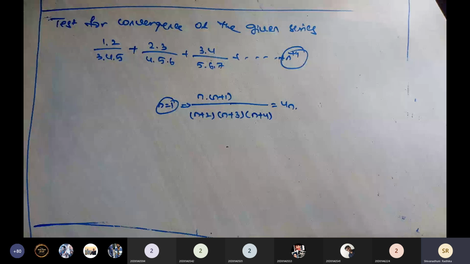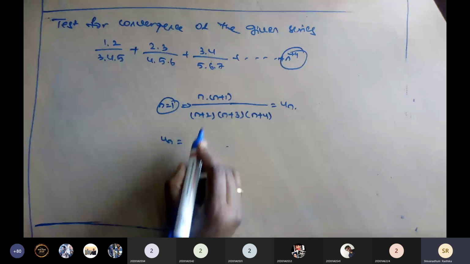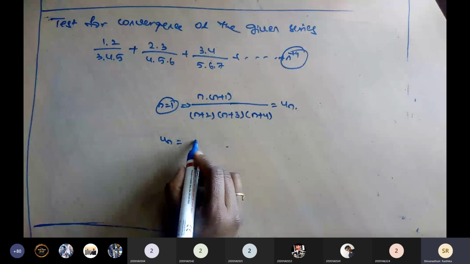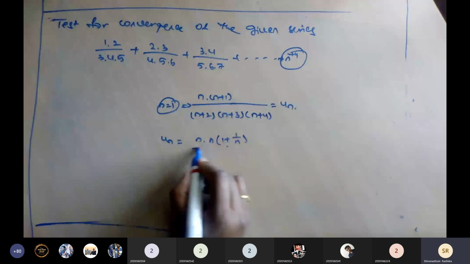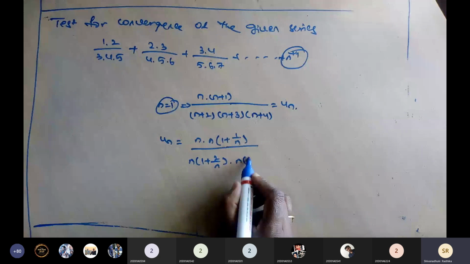First of all, simplify the Un, then only we choose the Vn term. For that purpose, in the Un, here also n is there. In that also take n common, then 1 plus 1 by n. Is it clear? In this also n common, 1 plus 2 by n, and here 1 plus 3 by n, and n plus 4 also take common, 1 plus 4 by n.